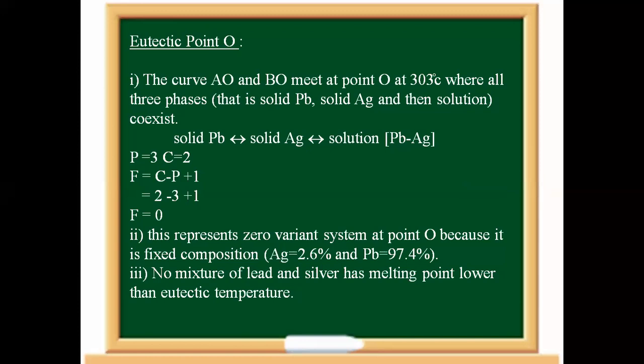इसका मतलब क्या है? इसका मतलब ये है कि when F is equal to 0 at point O, the composition of lead silver, which is in equilibrium, okay, that composition is fixed, where silver is 2.6% and lead is 97.4%. You try to mix in more amount of silver and lead to it, it will not go into the mixture, okay, because वहां पे सब कुछ क्या हो गया?